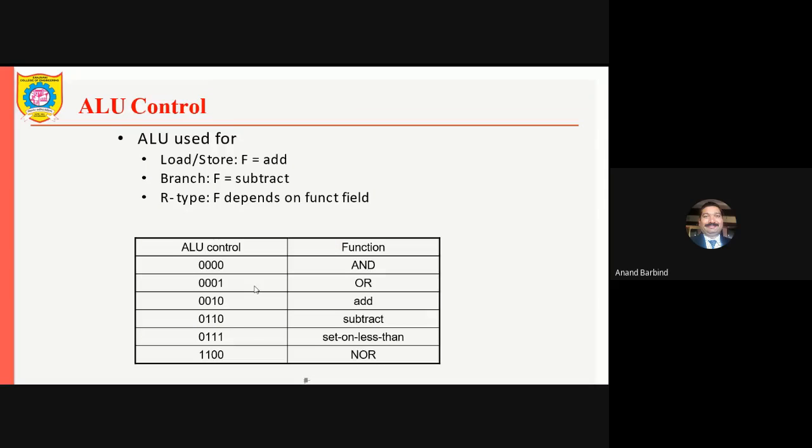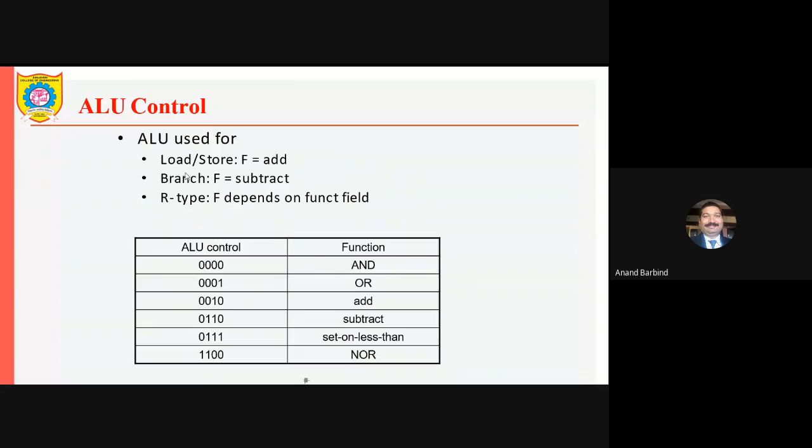Now let us go into the details of the operations that are performed by the ALU of the MIPS processor. These are some of the operations performed by the ALU. The ALU receives 4-bit control lines from the control unit. The ALU takes part in the load store instruction to calculate the address, so it does the addition function.